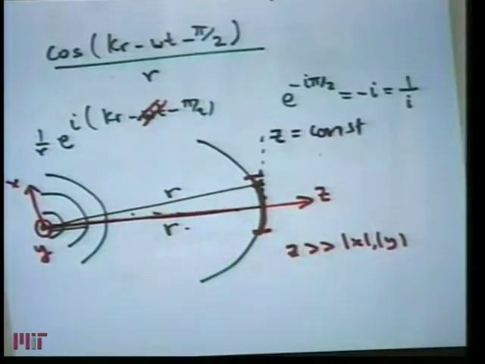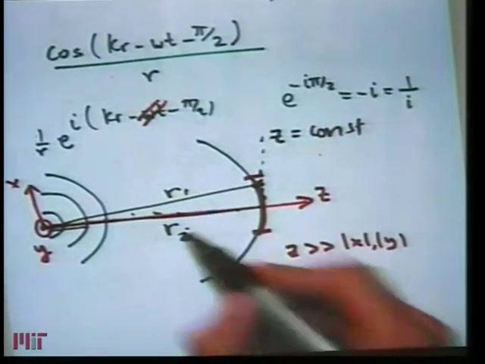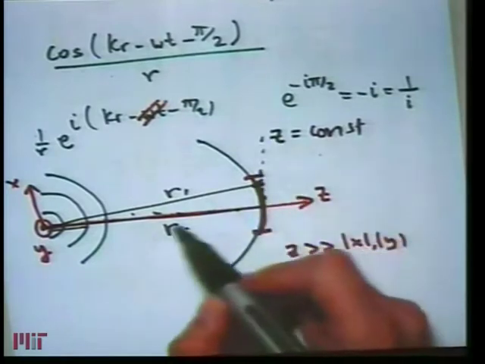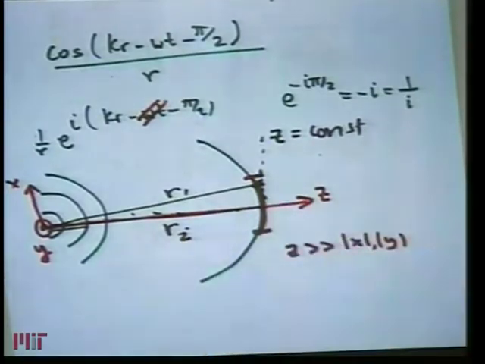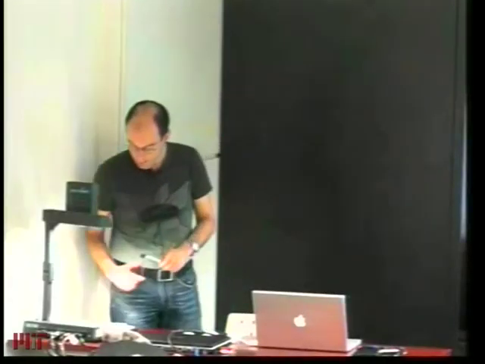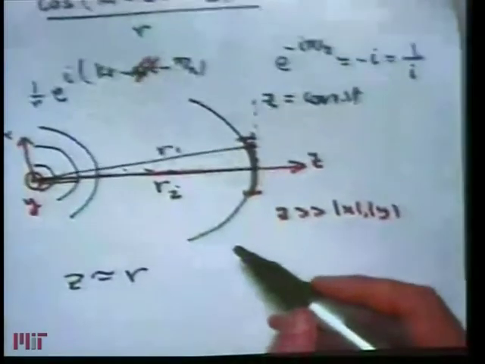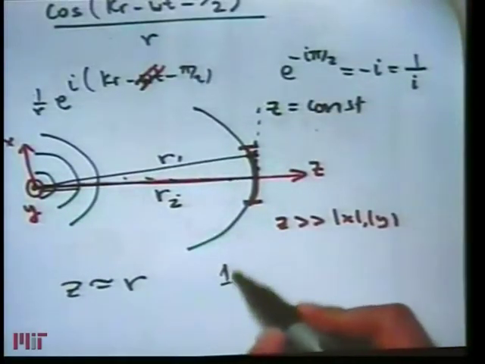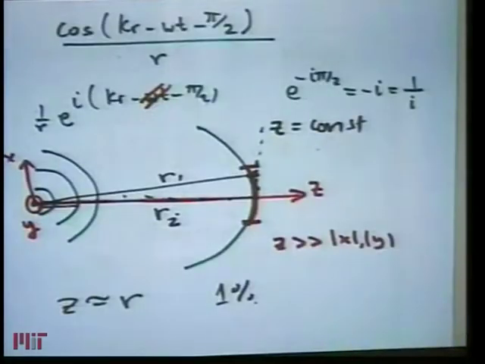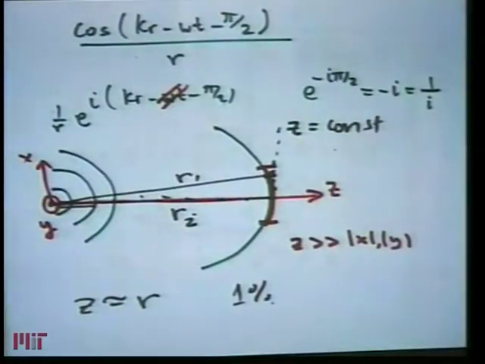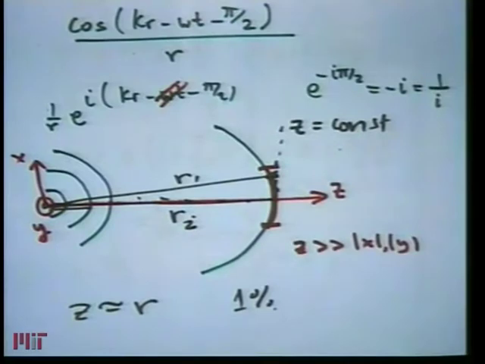So I compare R1 to R2, right? R1 goes all the way to the plane, R2 simply stops here. So think about it this way. Let's say that the error that I make when I say z is approximately equal to R, let's say that I make an error of 1%. Okay, that means that I misrepresent the amplitude of the wave by 1%.